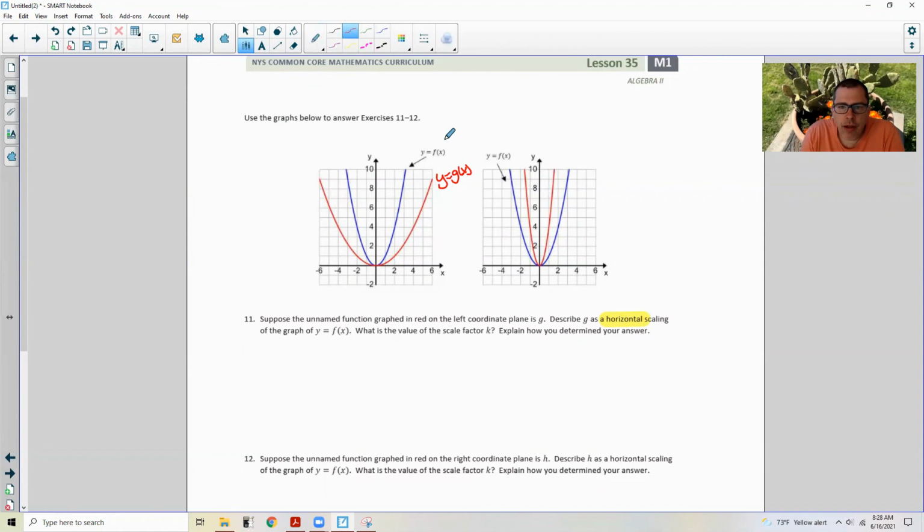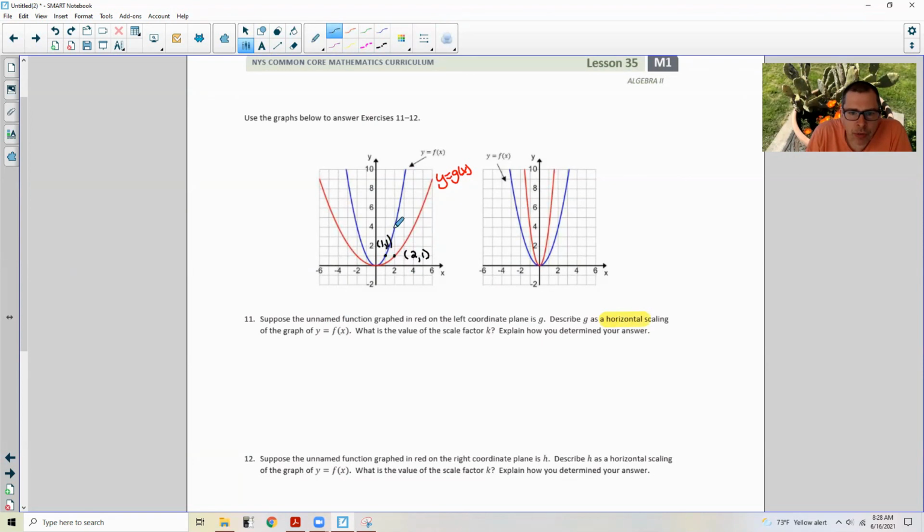So we're taking y equals f of x and scaling it horizontally. So we then would want to take points that have the same y value and see how much x changed. So here's a point right here that is 1, 1. And then on the other graph is right here, and that is the point 2, 1.